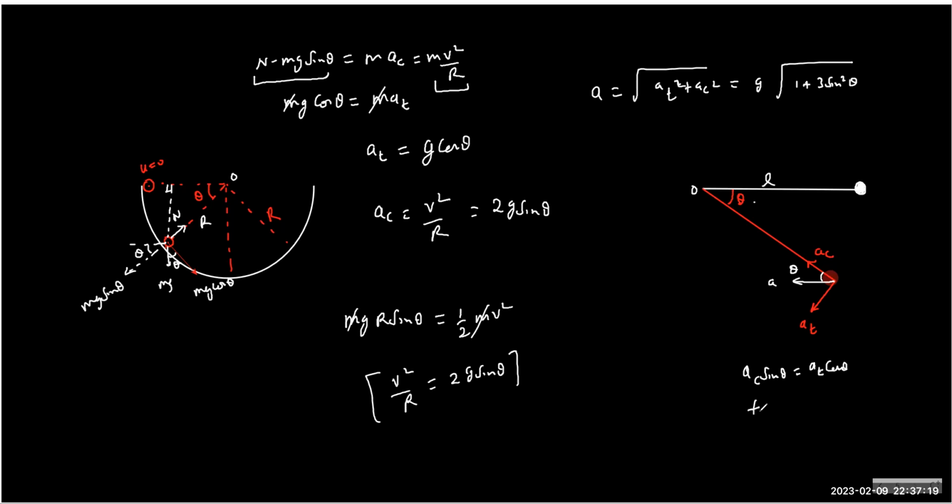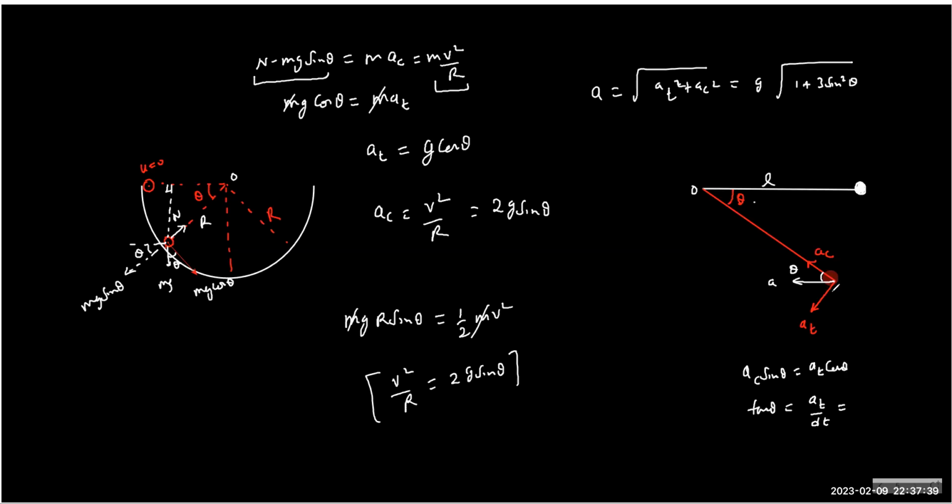So basically tan theta is how much? AT by AC. And what is going to be AT here? g sin theta. So AT will be g sin theta.